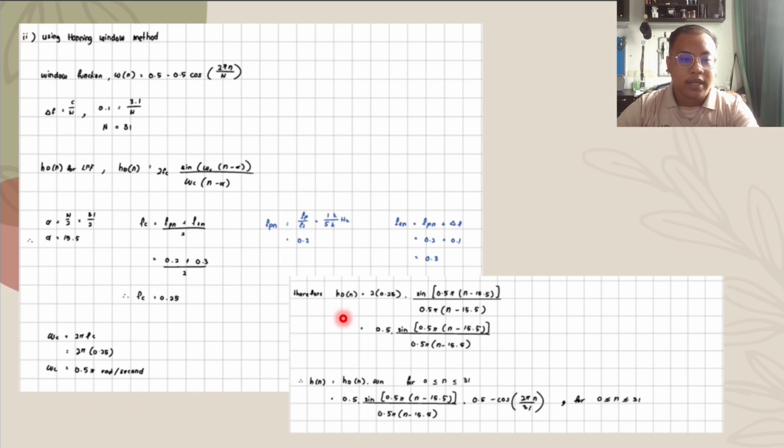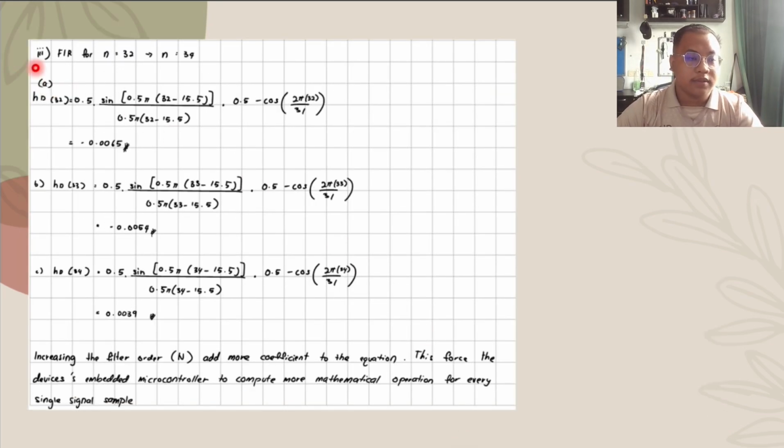Therefore, hd(n) equals 0.5 sin(0.5 pi (n minus 15.5)) over 0.5 pi (n minus 15.5), where h(n) is hd(n) multiplied by w(n). So I get this last formula for n equal to 0 until 31.